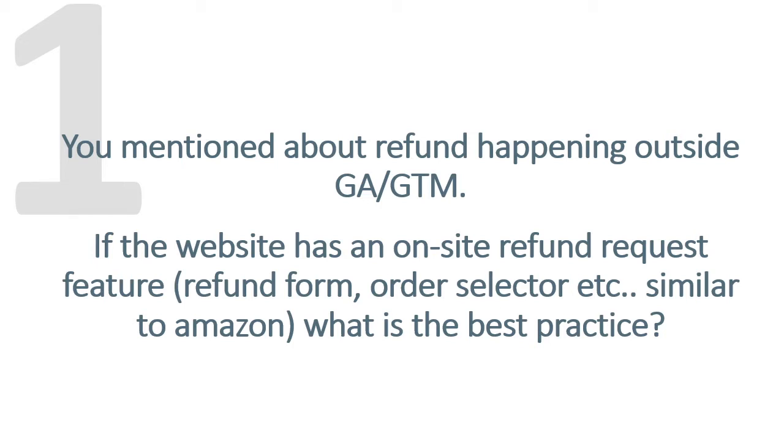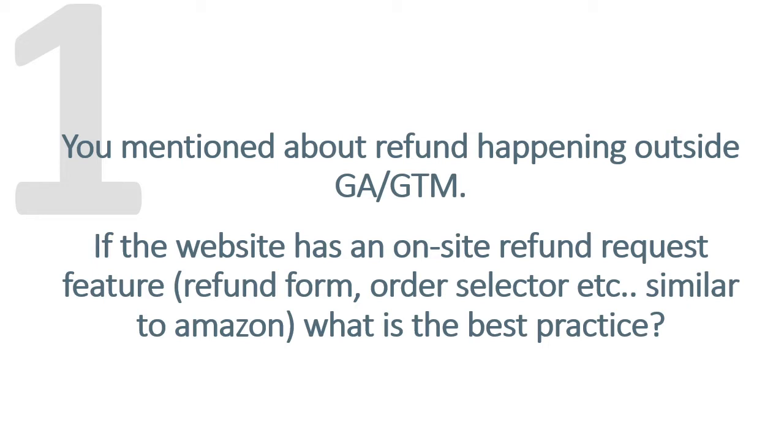And then when an employee reviews the refund in some backend system where they have to approve or decline that request, only when the request was actually approved and the refund was actually issued, a programmer should send the refund to Google Analytics directly via Measurement Protocol.